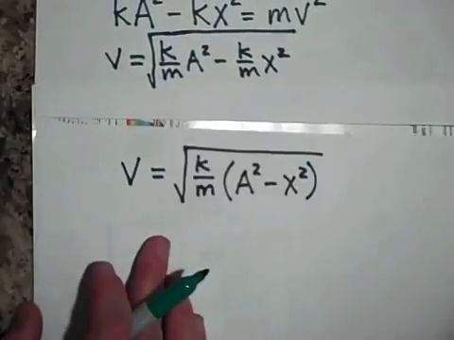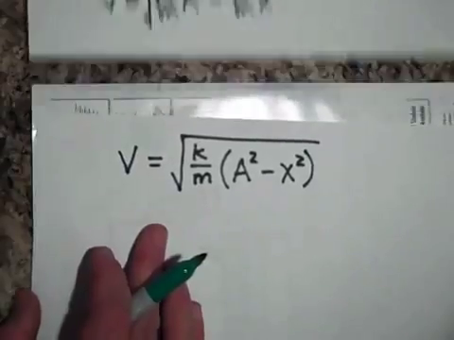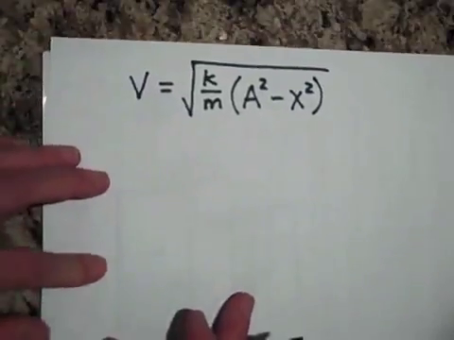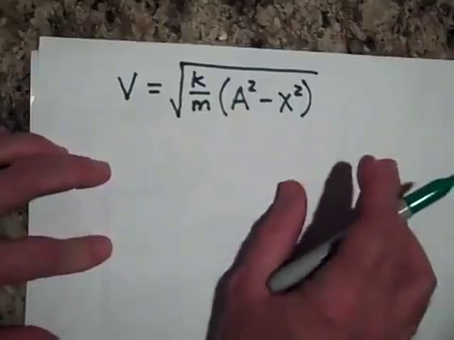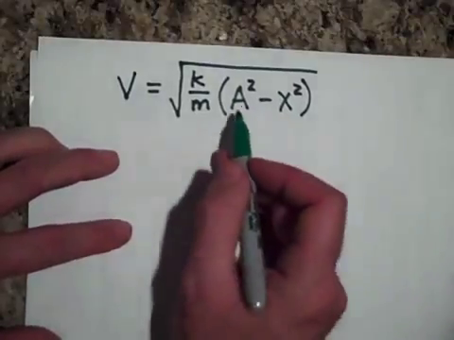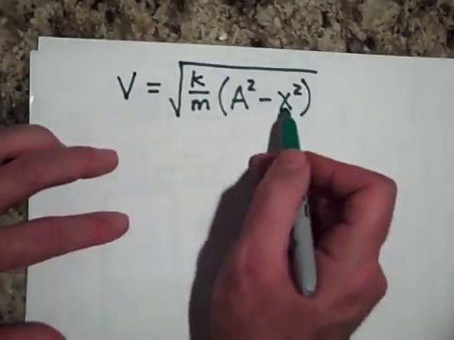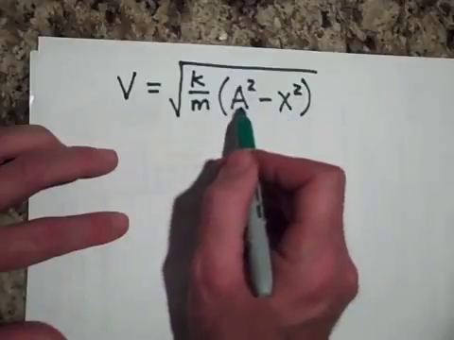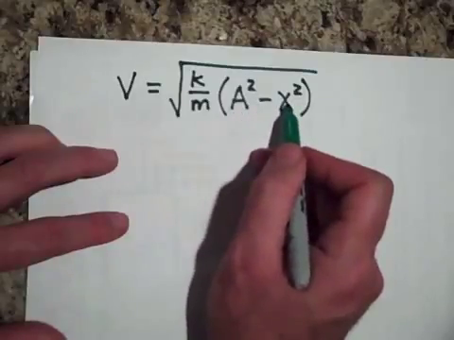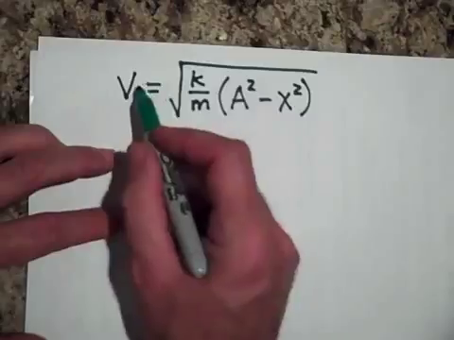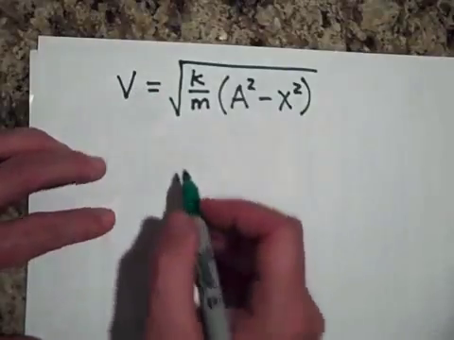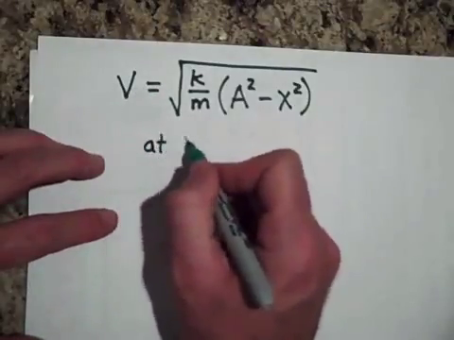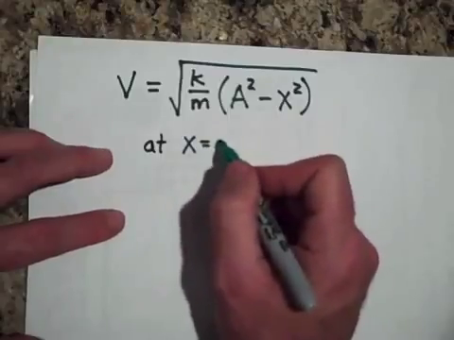Okay, so let's see how this works. If you want to know the speed at x equals A, when x equals A, this is going to be A squared minus A squared. That's 0, so v is 0 at x equals A. And that makes sense, it's turning around there.